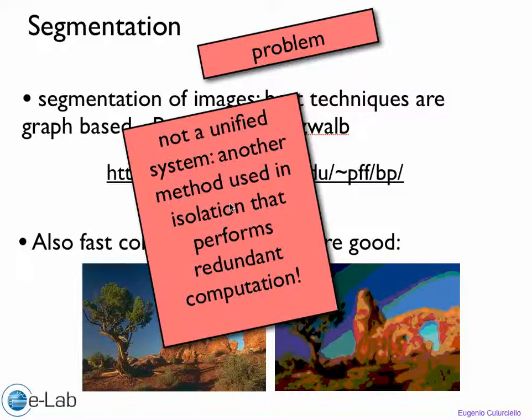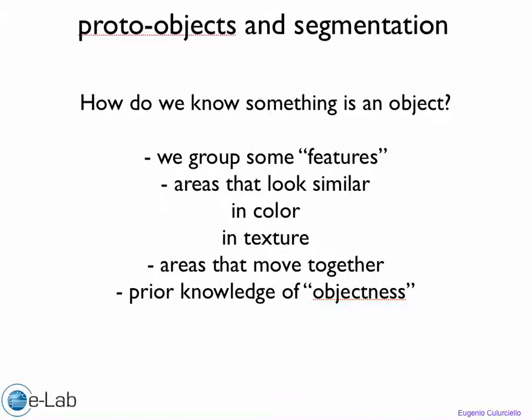So the problem of segmentation, I don't recommend using it separately, not as a system in isolation, but as a system that works together with a convolutional neural network or a deep network to do what we want. This is easier said than done, because up to now there's not a huge amount of work in using deep networks for segmentation.